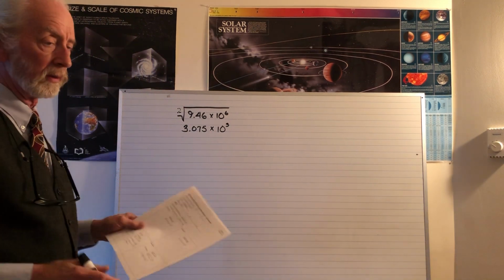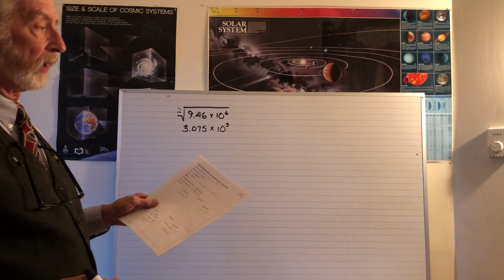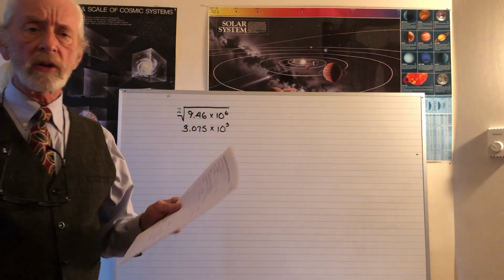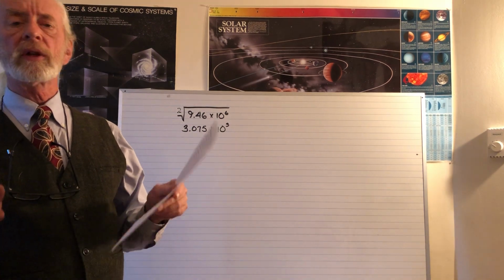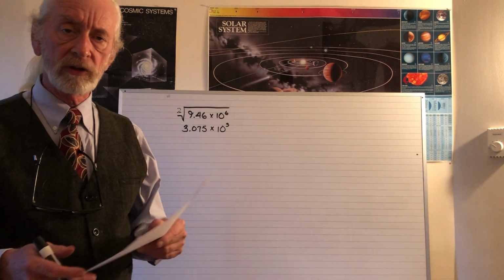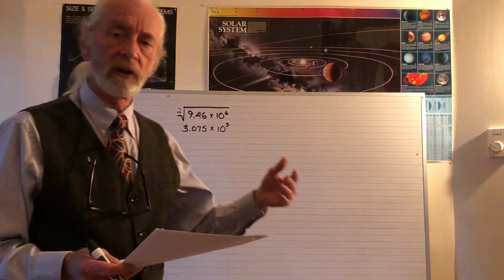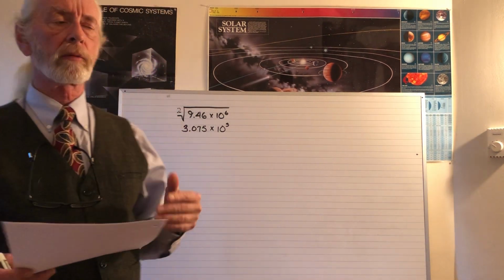Now let me just pause here and explain why this works the way it does. When you are saying square root, what you're really doing is you're asking a question. The question is, what number times itself will give me this number? That's the question of a square root.